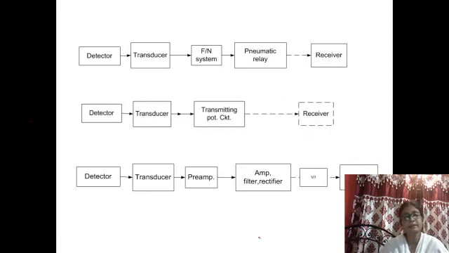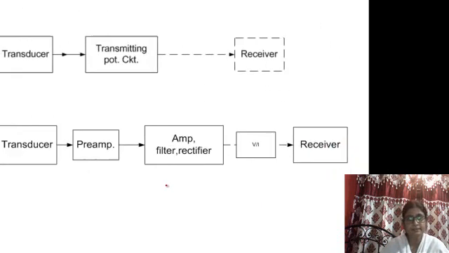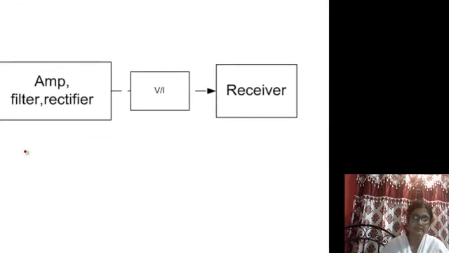So depending on the type of energy, like all other devices such as controller and control valve, depending on the type of energy operation, that means pneumatic type, electrical type and electronic type.